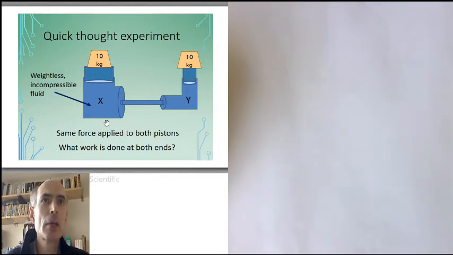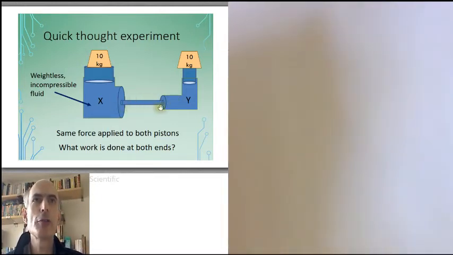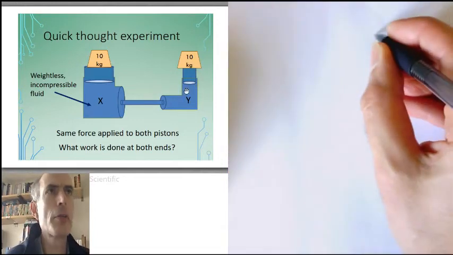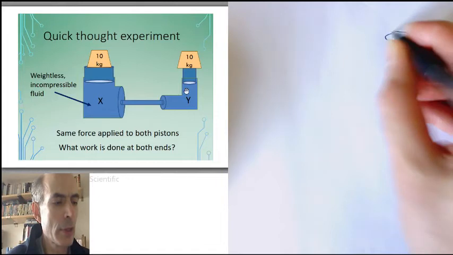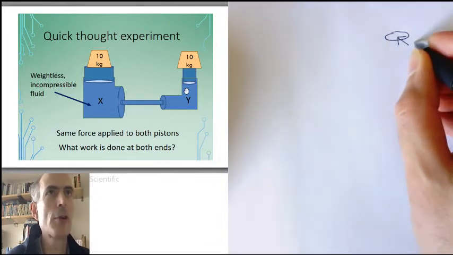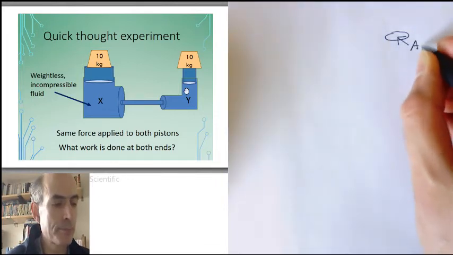Well, consider this narrow section of pipe joining them together. In this part of the system here, the pressure will be exerted by this 10 kilogram weight pushing down. Let's suppose that the cross-sectional area of this piston here is, I'll call it AY.